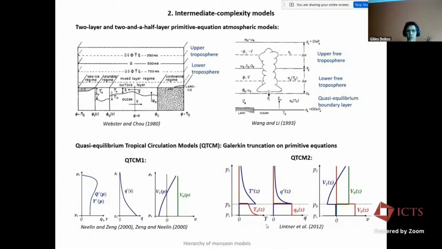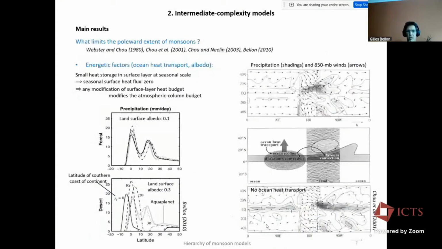And so what can you do with such models? Well, there was a big body of work by Hu and Nilin and some in their groups to look at the northward or the poleward extent of monsoons and what would limit that. And so they were more interested in American monsoons.